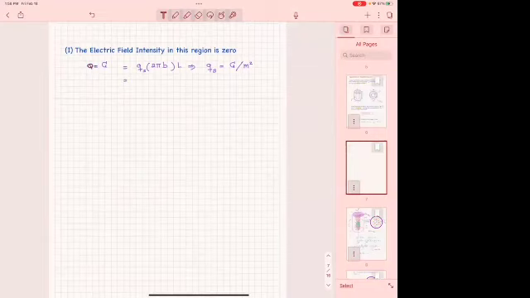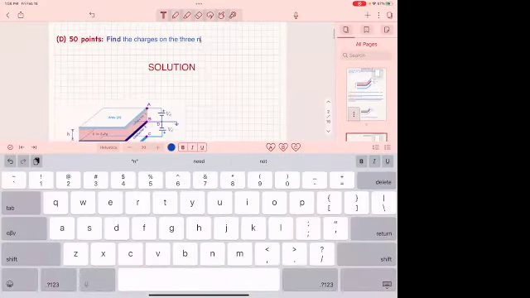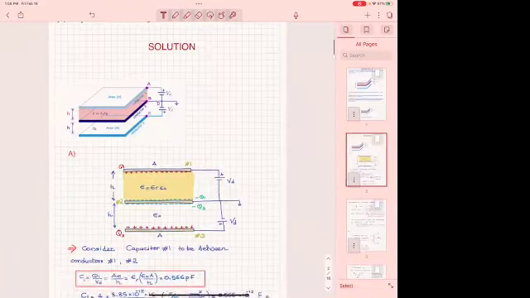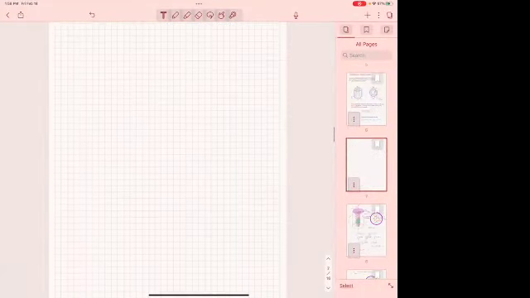I will eliminate the page. I will just, because everything is here, but I need to write. So let's assume this is the cross section of this structure that I showed you. So it looks like this.